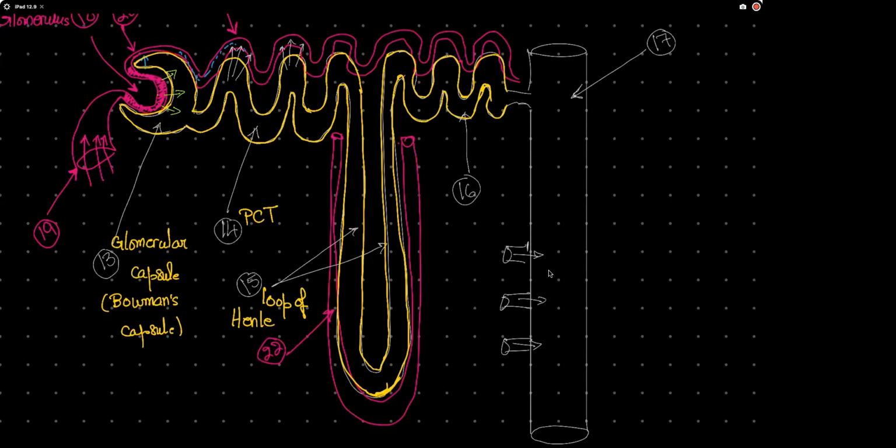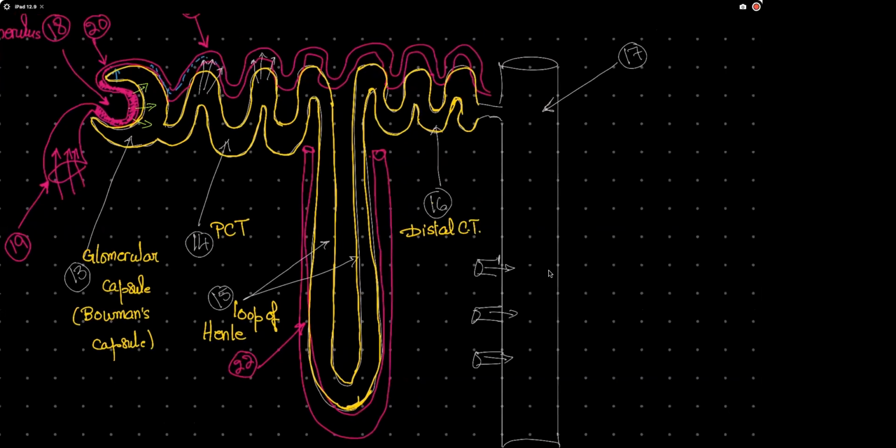This is going to be my distal convoluted tubules. This is where the final stages of the exchange are going to be taking place. I'm almost done with the formation of the urine. Very minor changes going to be taking place later on.